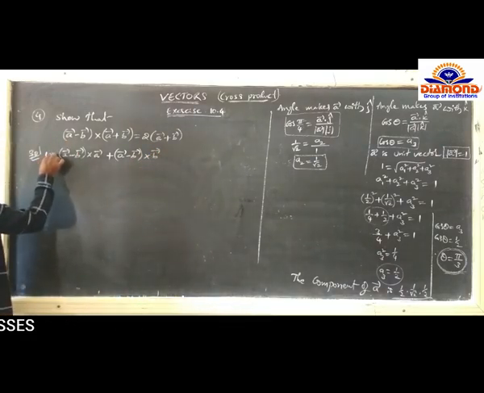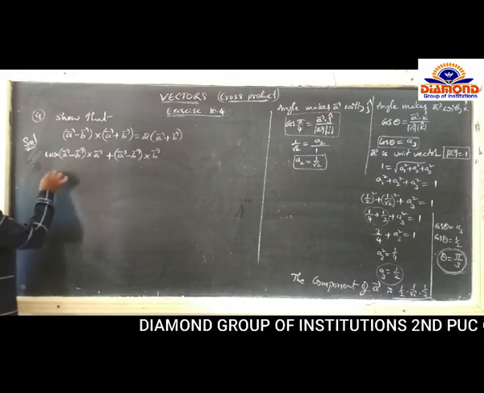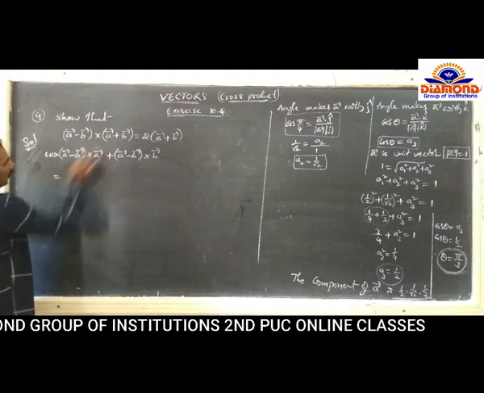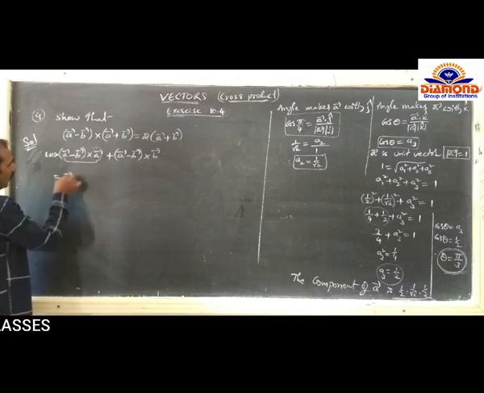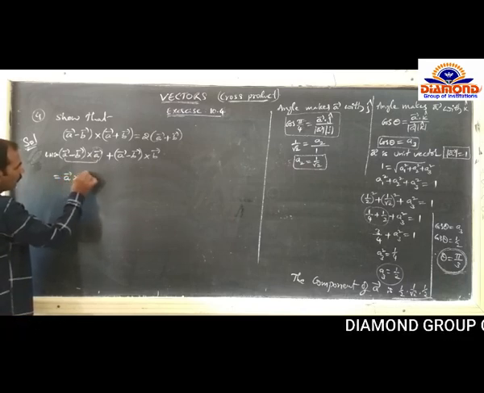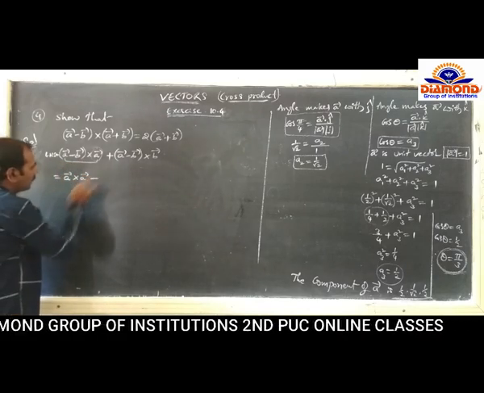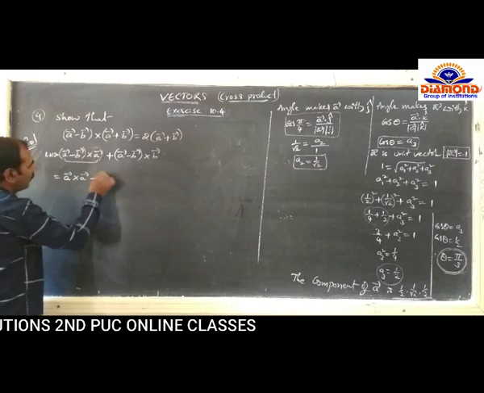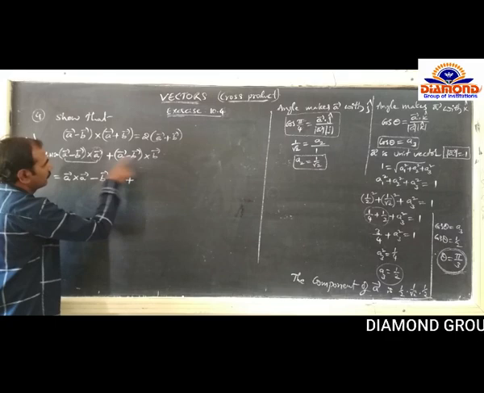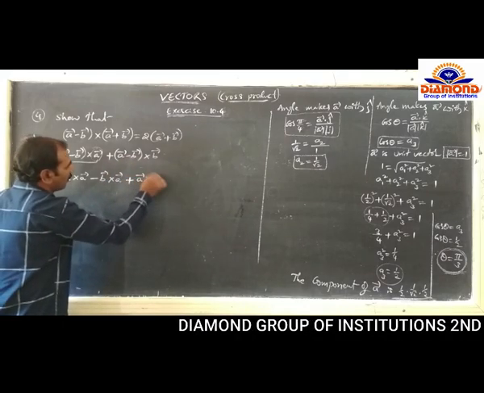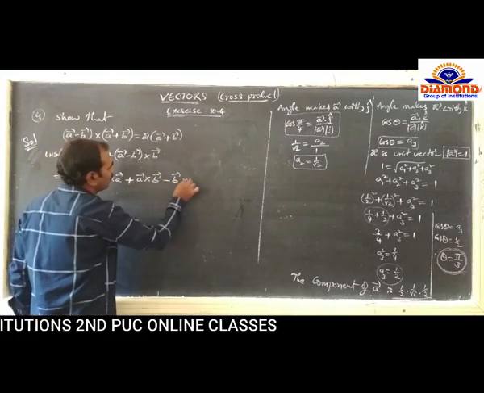So now we take the LHS. It equals a bar cross a bar minus b bar cross a bar plus a bar cross b bar minus b bar cross b bar.